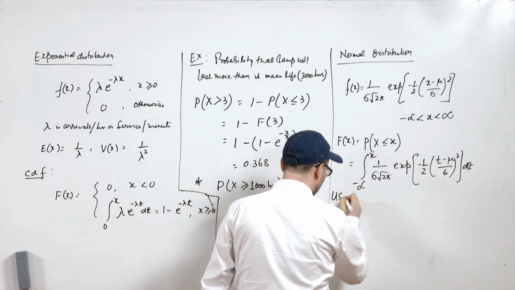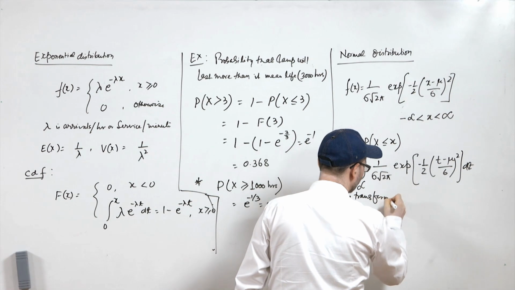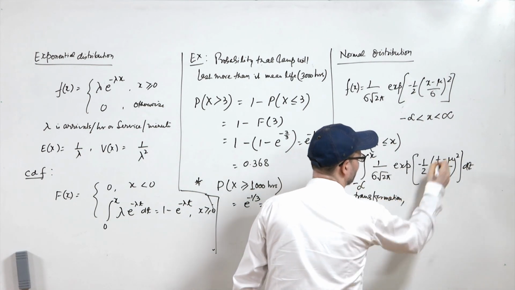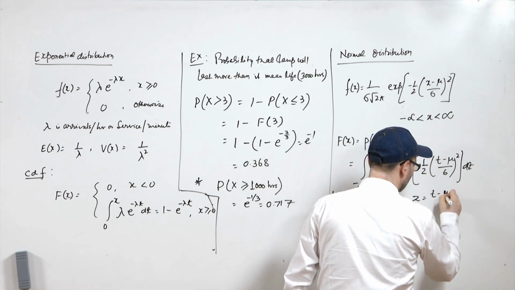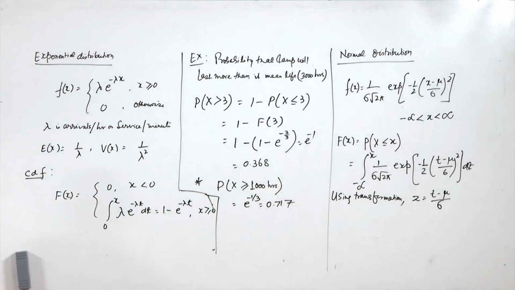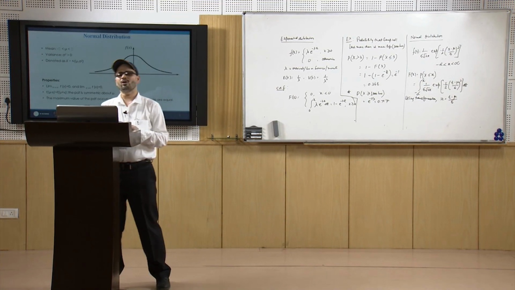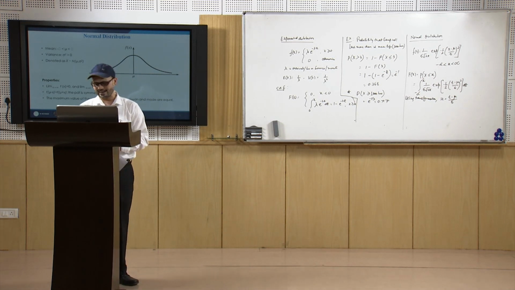If you use the transformation, we can have this value as z. So, you take z as (t minus mu) by sigma. This is a z variate, as we call it later on. Basically, we are taking (t minus mu) by sigma as z.